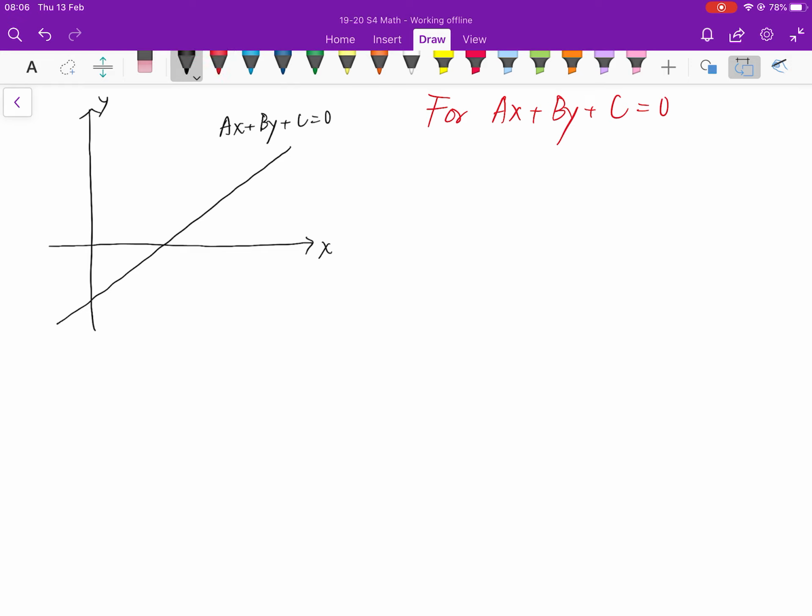We will do the calculations. First, Ax plus By plus C equals 0. We keep the By on the left-hand side, and move the other things to the right-hand side.